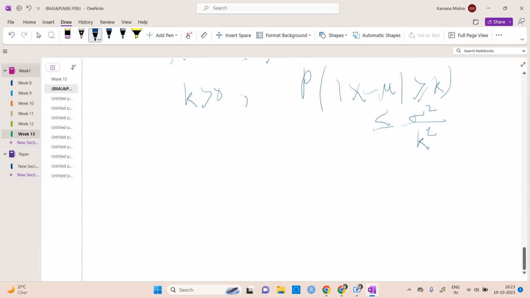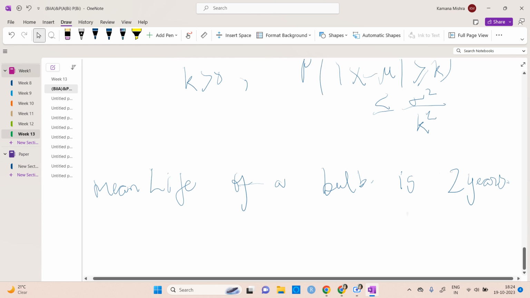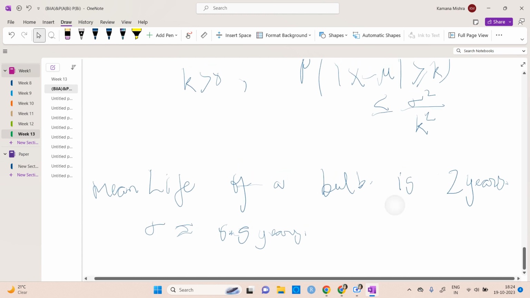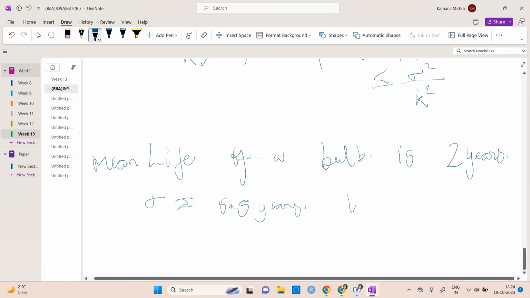Let's say you have a bulb, and the mean life of the bulb is 2 years, and the standard deviation is 0.5 years.